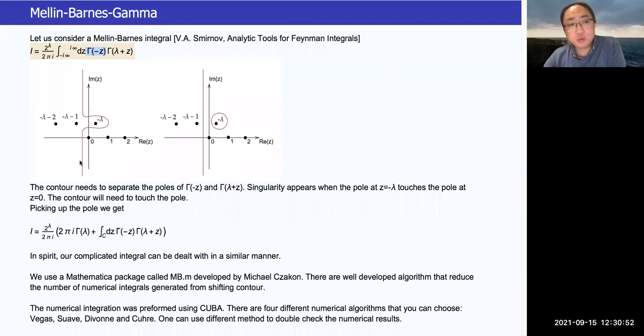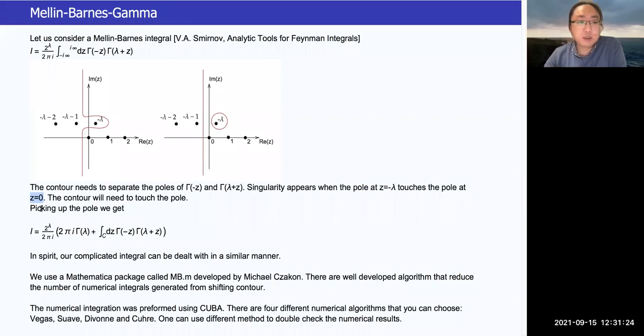So your integration contour needs to separate these 2 series of poles. But this is only possible if no poles are touching. For example, if the pole at Z equals minus lambda touches the pole at Z equals 0, there's no contour you can choose to separate these 2 sets of poles, and your contour would need to touch the pole. That's what's causing the singularities.